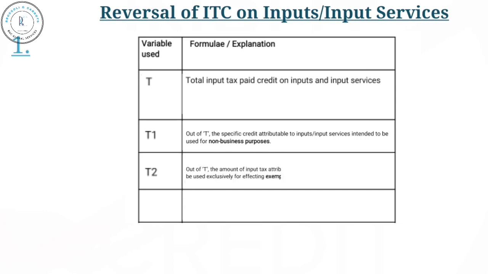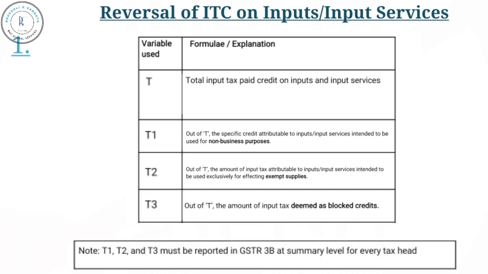T2: out of T, the amount of input tax attributable to inputs or input services intended to be used exclusively for effecting exempt supplies. T3: out of T, the amount of input tax deemed as blocked credits. Note: T1, T2, and T3 must be reported in GSTR-3B at summary level for every tax head.